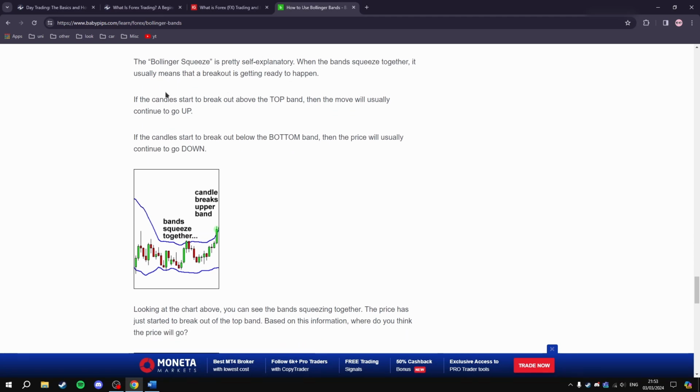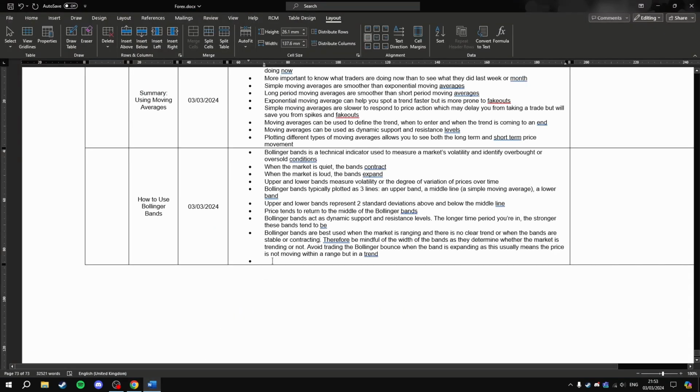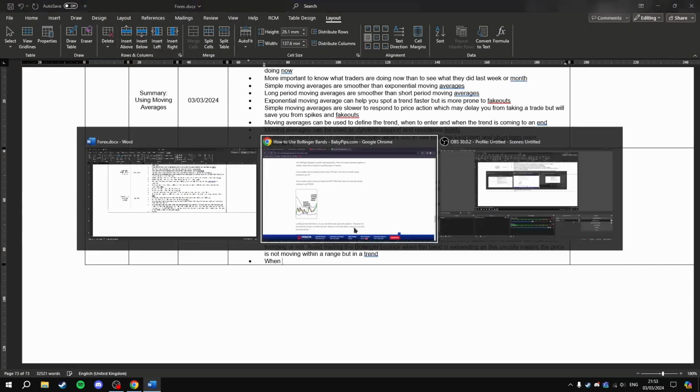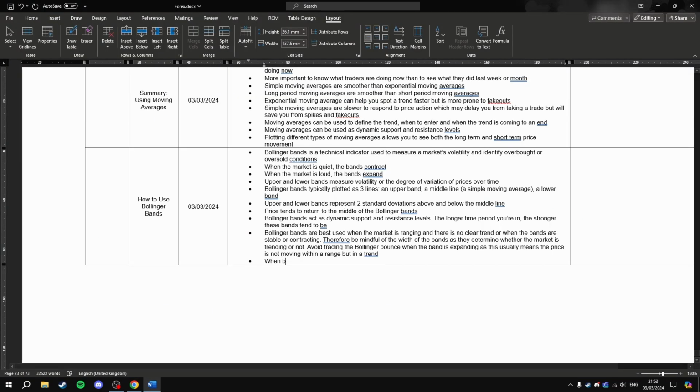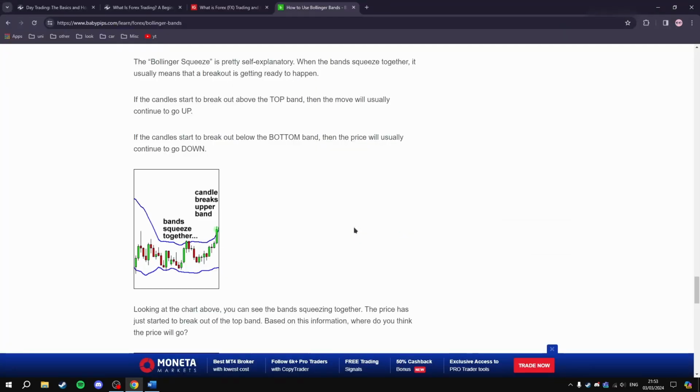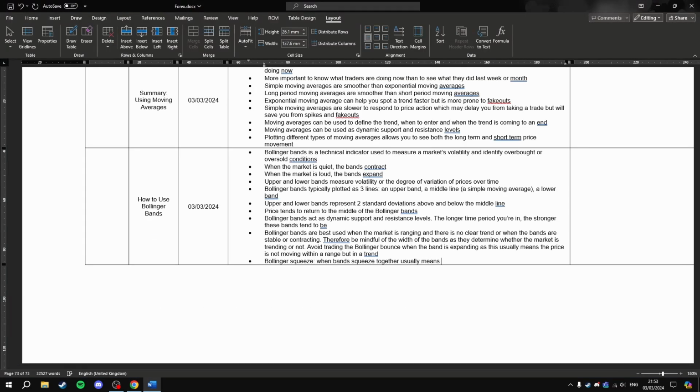When the bands squeeze together, it usually means that a breakout is getting ready to happen.